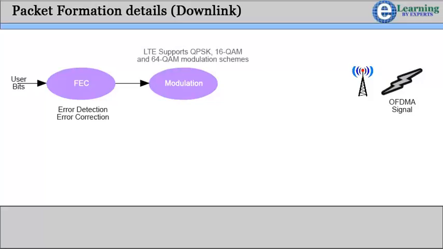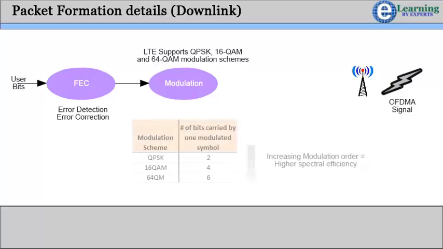LTE supports QPSK, quadrature phase shift keying, 16 QAM, quadrature amplitude modulation, or 64 QAM modulation for downlink data transmission on PDSCH. Higher modulation order like 16 or 64 QAM results in a higher spectral efficiency, which means transmitting more bits per hertz of the utilized bandwidth.